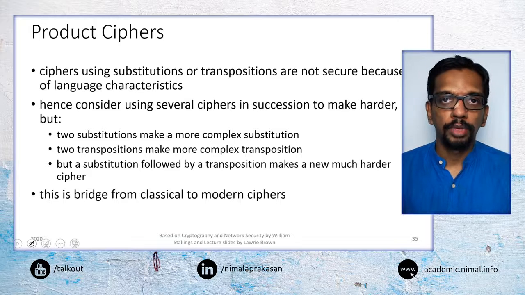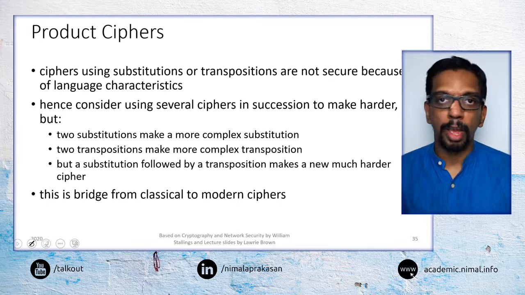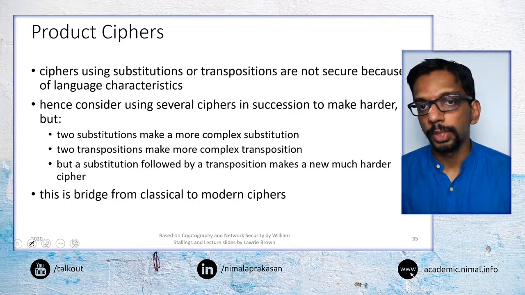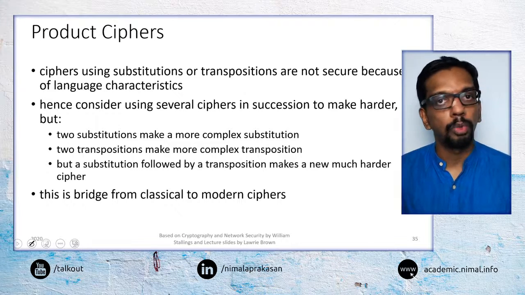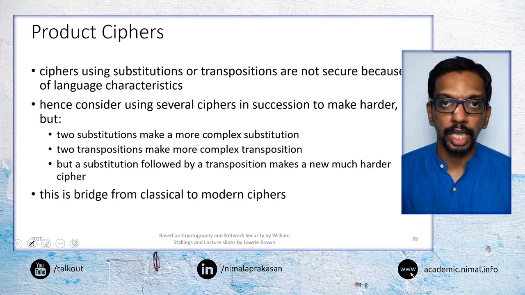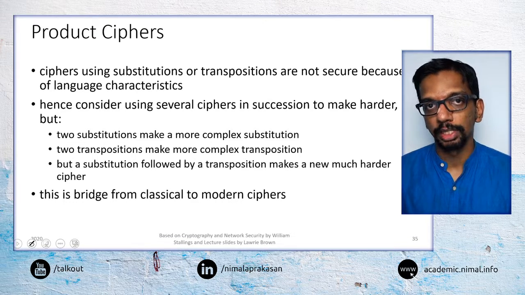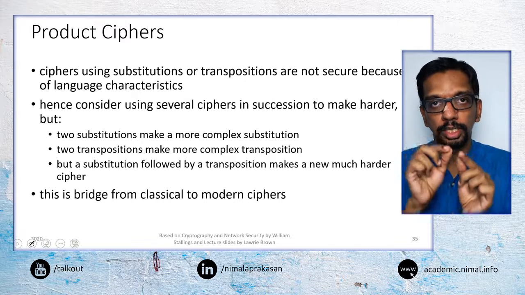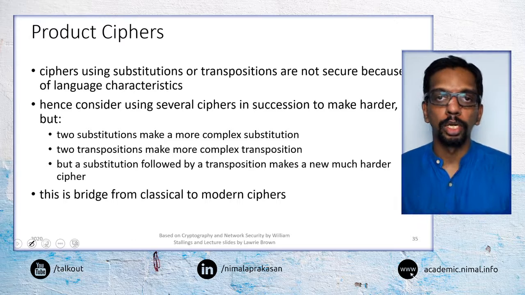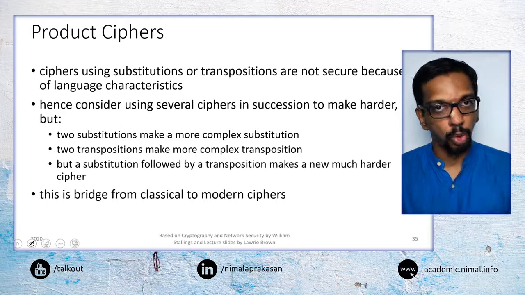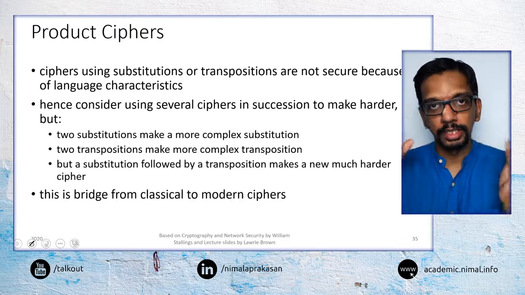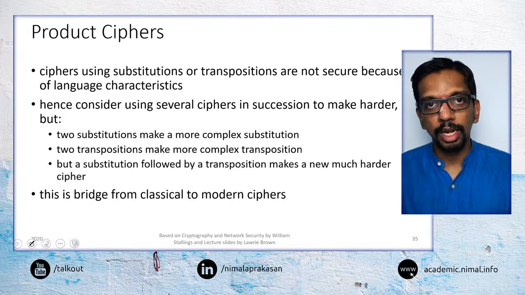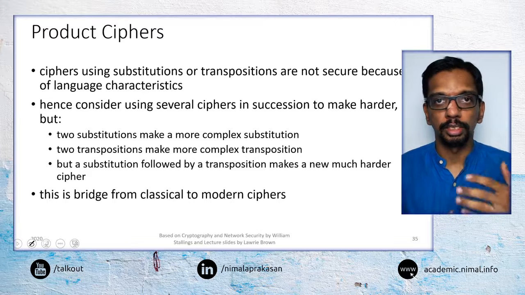One of the main things we have looked at so far, and one of the common patterns we have been identifying, is that substitution ciphers and even transposition ciphers are not very secure for a particular reason: the characteristics of languages. Languages have certain patterns: certain letters are used more frequently, and certain pairs or orders of letters occur much more or much less frequently. Using these characteristics we can make some guesses, do some statistical analysis, and figure out the ciphertext, the plain text and the key.